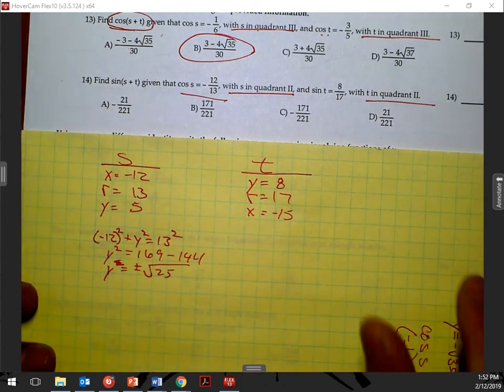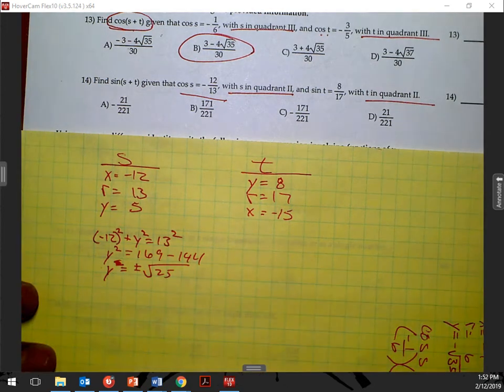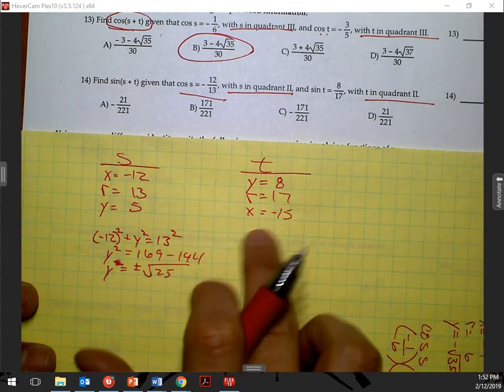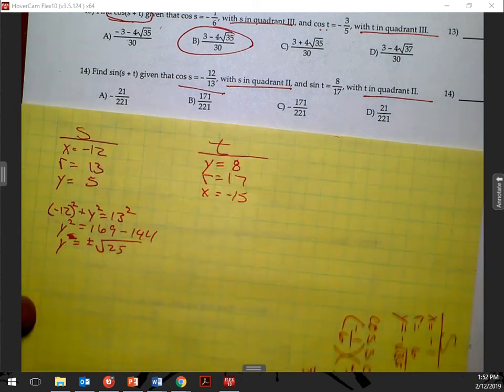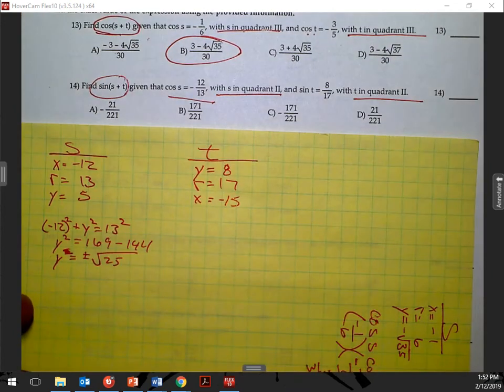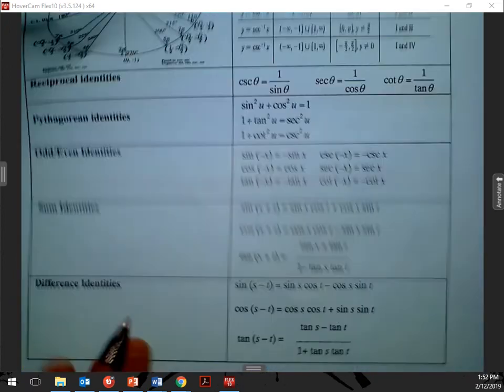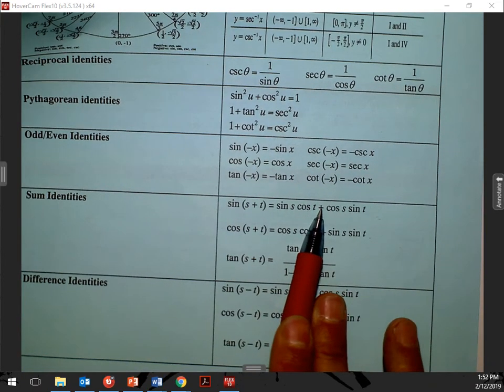Okay, so let's go ahead and do our handy dandy math here. So it's going to be finding sine of s plus t, right? From my reference sheet. Sine, cosine, sine, cosine, and plus, right?